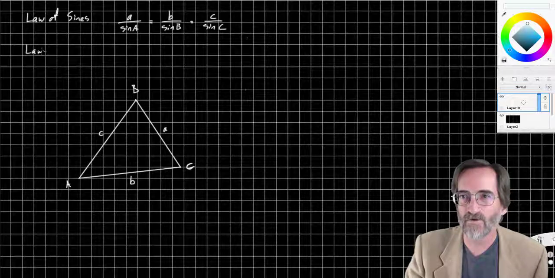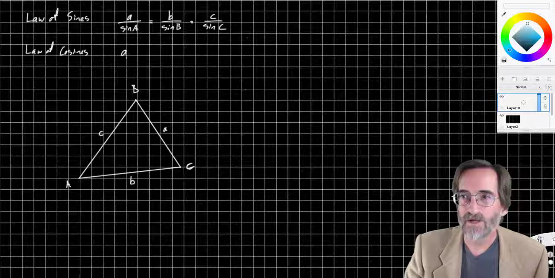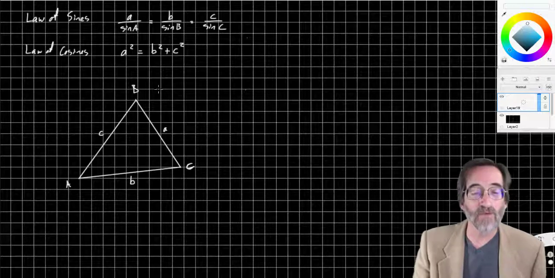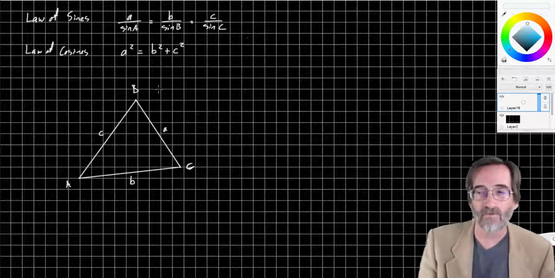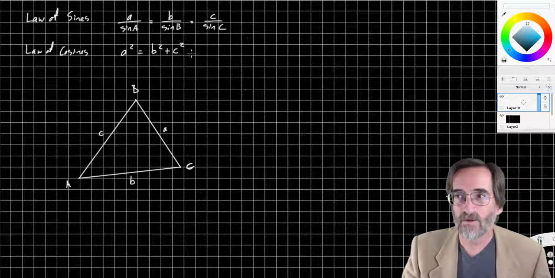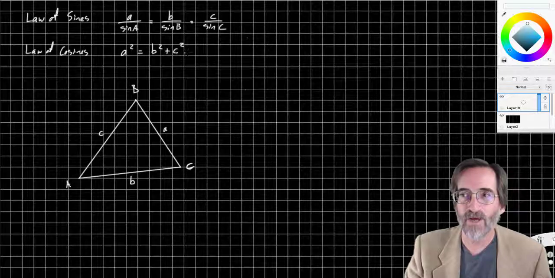And then there's the law of cosines, which is a derivative of the Pythagorean theorem. Any side squared equals the other two sides squared and added. Okay, now that would be the Pythagorean theorem if we stopped right there. And in fact, if we use a right triangle, if we let angle A be a right angle, the rest of it would be 0.